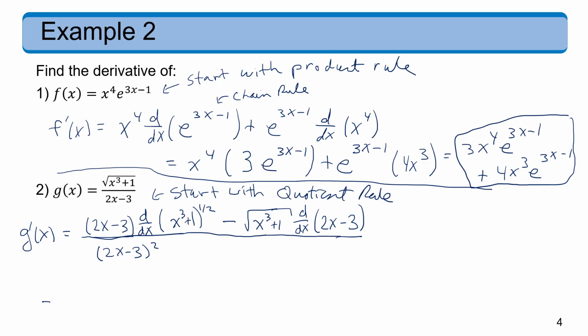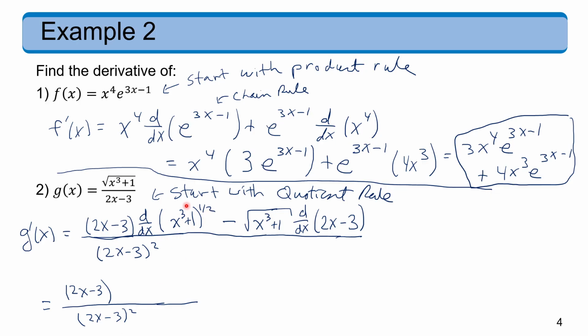Okay, so we'll keep our denominator the same. Then in the numerator, keep the first factor. Now let's compute this derivative. So this is a composite function, right? Remember the 1/2 is a square root.